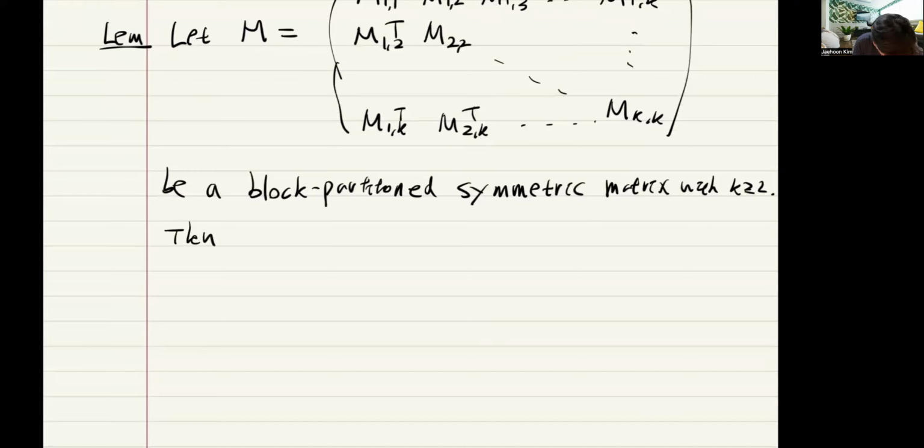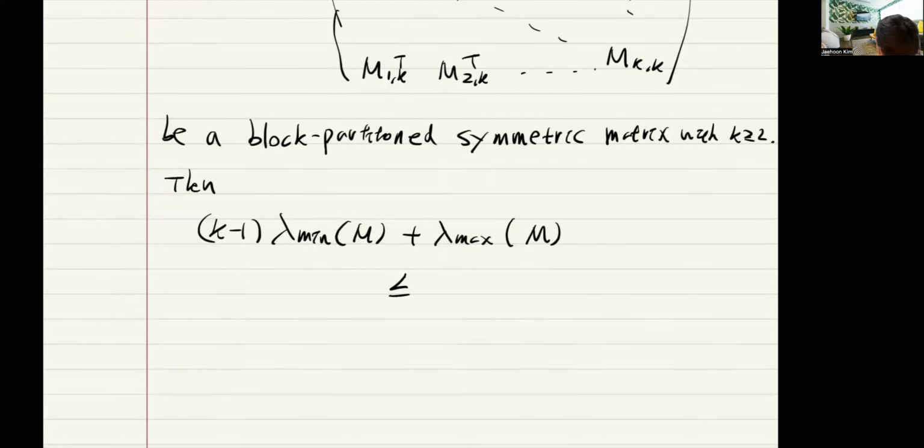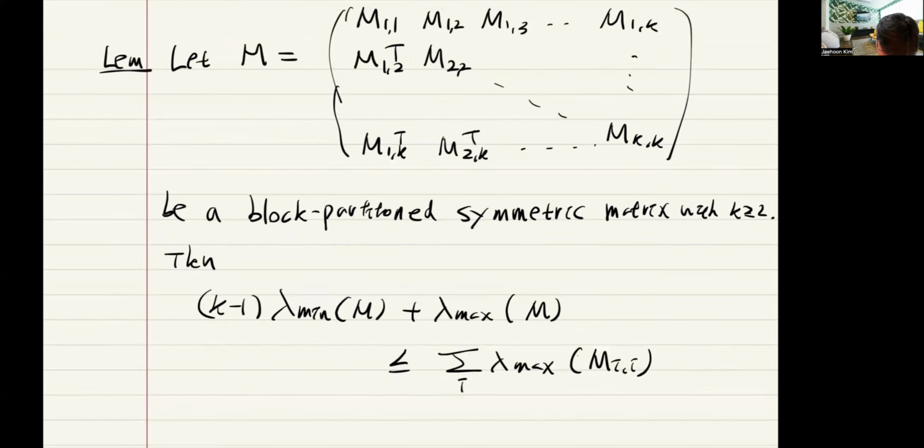Then what we can show is that K minus 1 times the smallest eigenvalue of M plus the biggest eigenvalue of M is at most the summation of the biggest eigenvalues of the diagonal blocks.